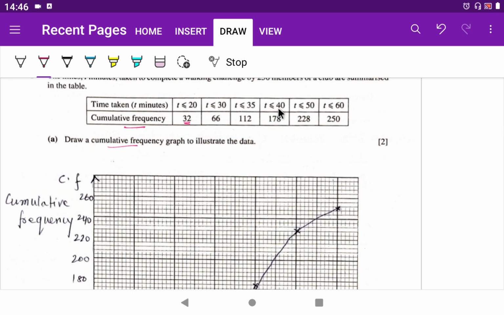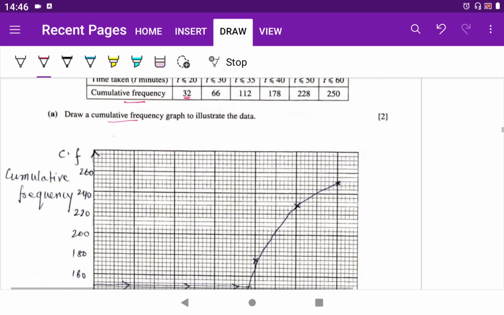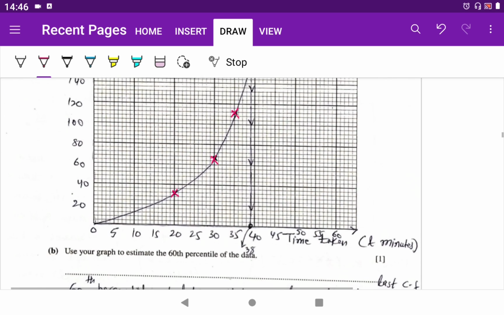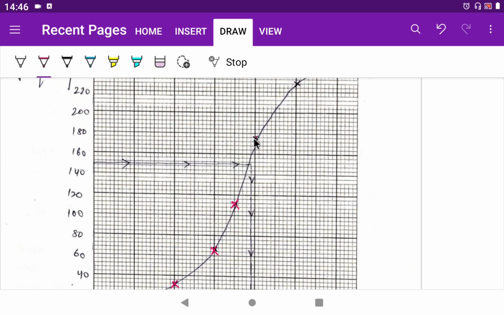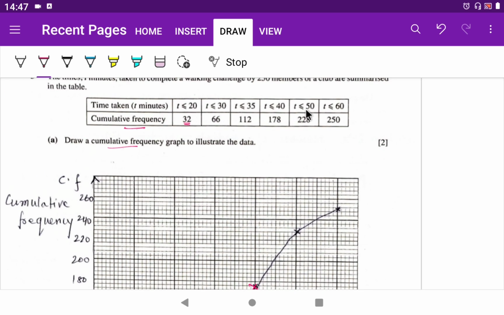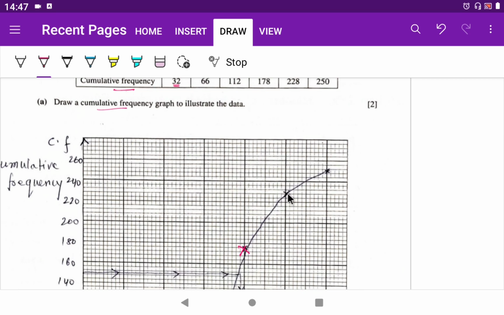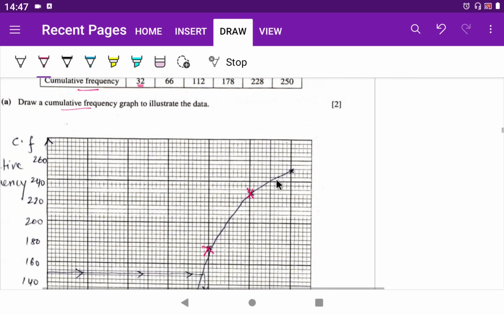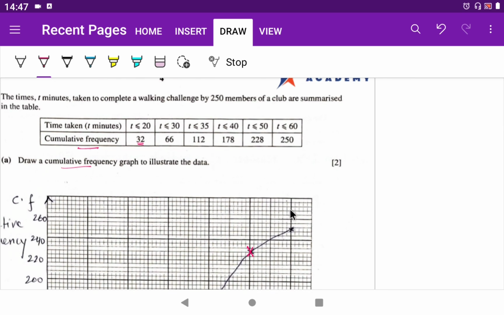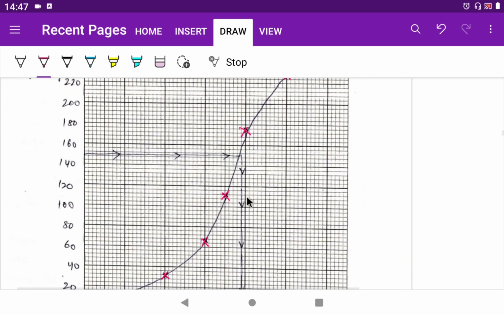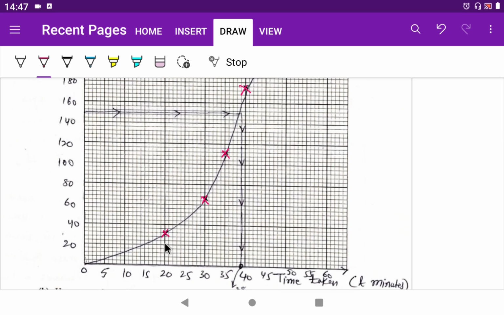When time is 40 minutes, cumulative frequency is 178. Time is 50, so cumulative frequency is 228, and when the time is 60, the cumulative frequency is 250. After marking all these, I have made a smooth graph like this.